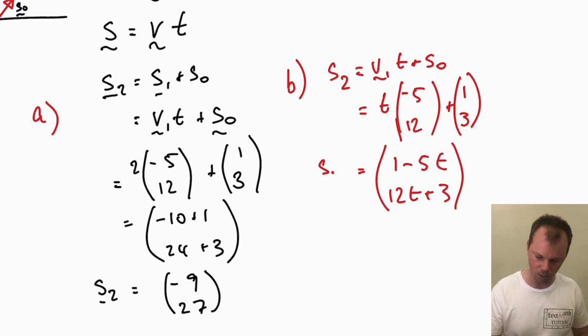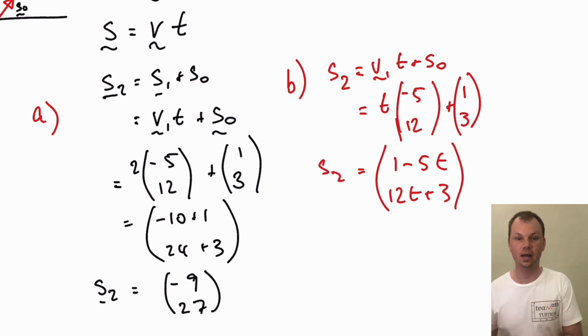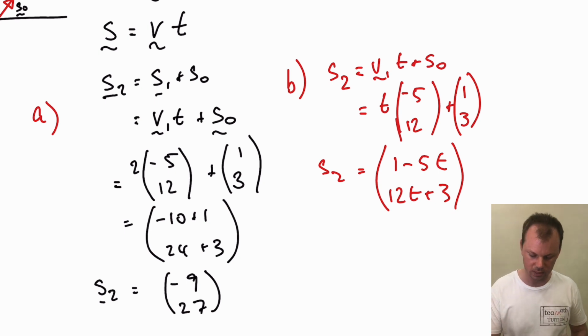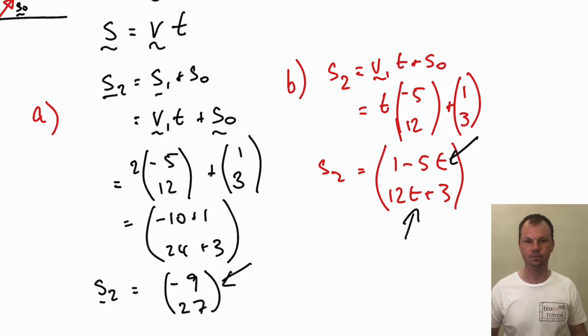And we get an equation for where we would end up depending on what the time is. So if the time was 2, we would substitute a 2 into each of these t's here, and we would get what we had over here. So that's question 4. I hope you enjoyed the video, and I'll see you for the next one.